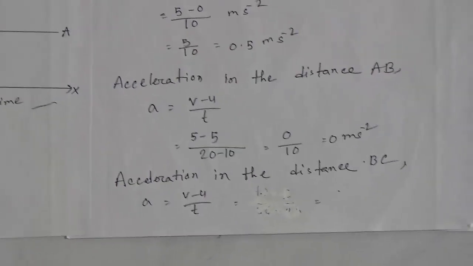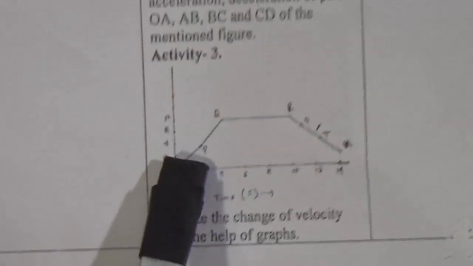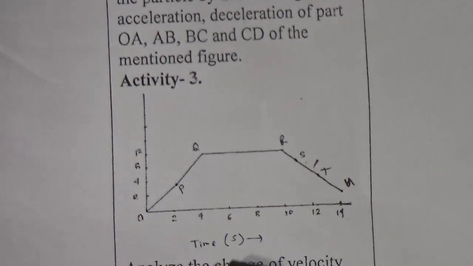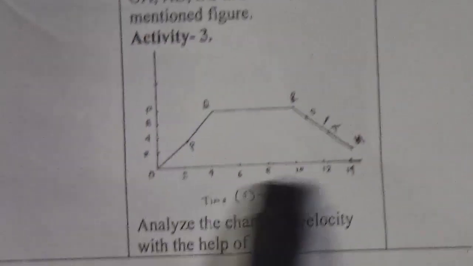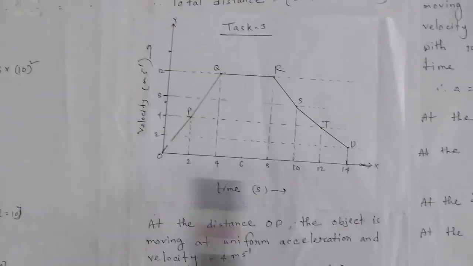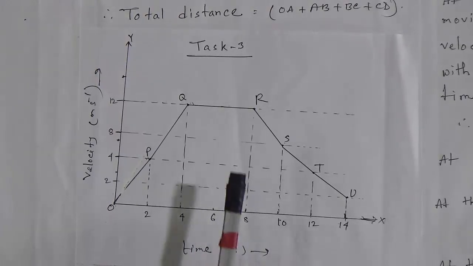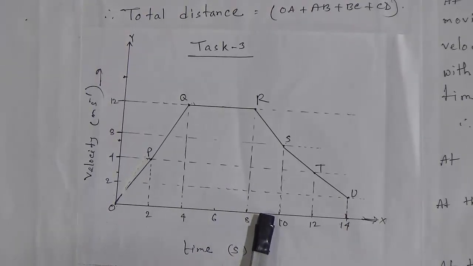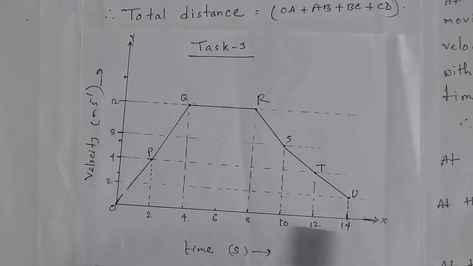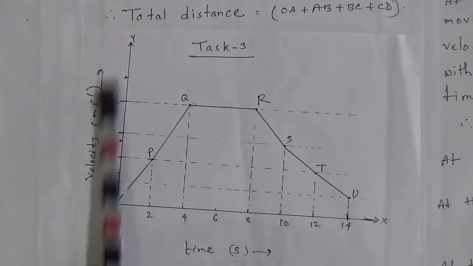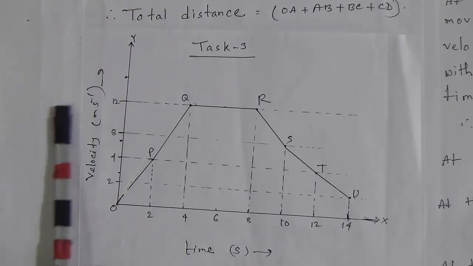Now come to activity 3. In activity 3, a diagram is also given, and you have to draw this diagram on graph paper. This is your question, and this is the diagram. On the x-axis is time, and on the y-axis is velocity in meters per second.